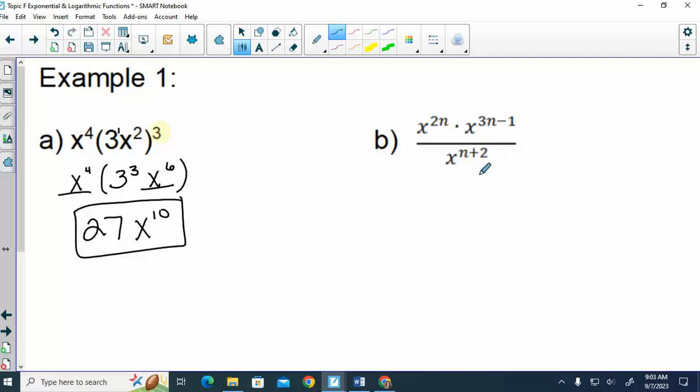B. First step. Do we have any parentheses?